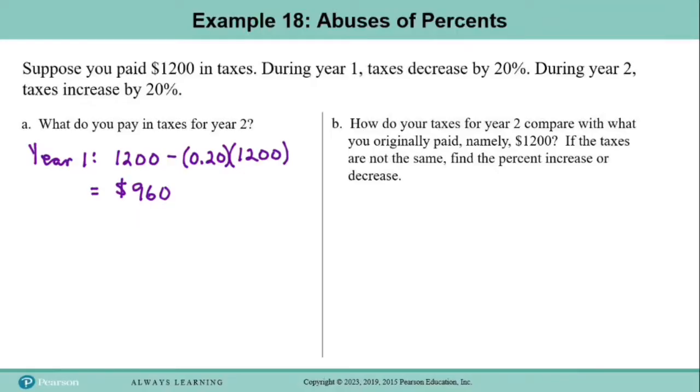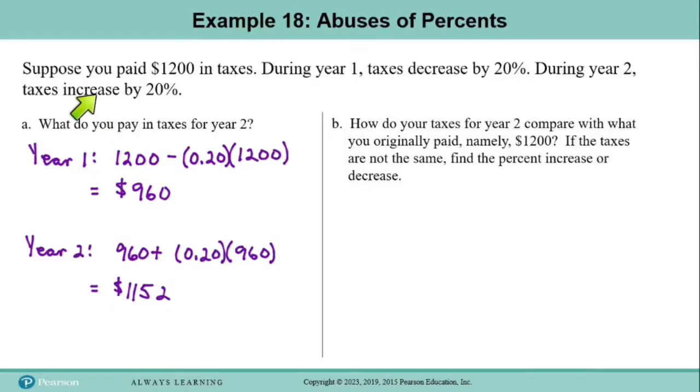For year 2, when the taxes increase by 20%, it's going to be the $960 that we paid last year plus 20% of $960. See, this time the taxes went up, so it's plus. All right, now 960 plus 20% of 960 is going to be 1,152. See, they went up, but they did not go up as much as they started out.